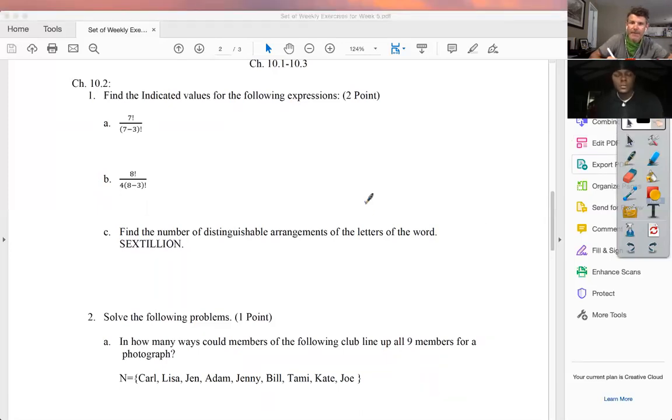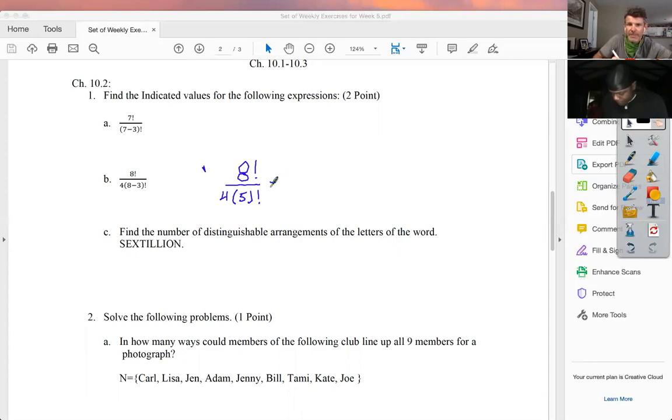Yep. Thank you. My answer was 336. And that's a little bit high. So let's see why. We got 8 factorial over 4 times 5 factorial.